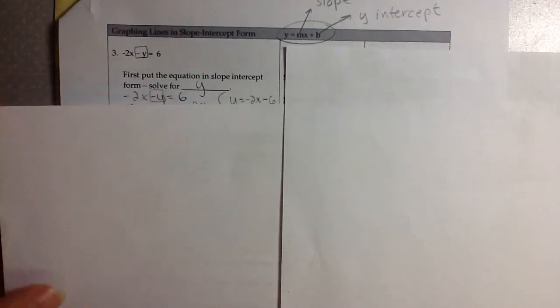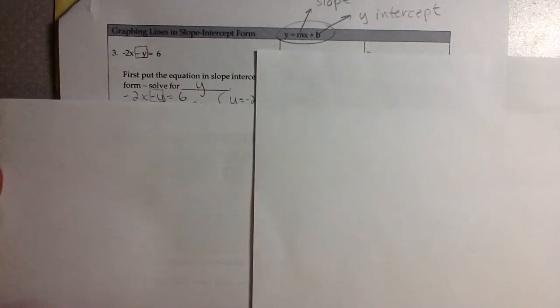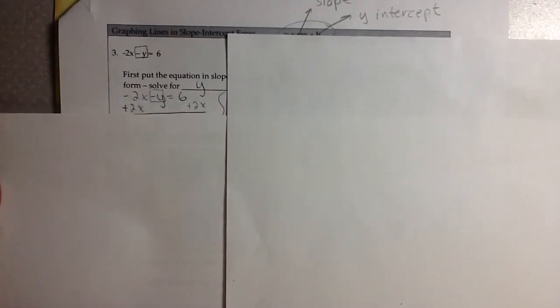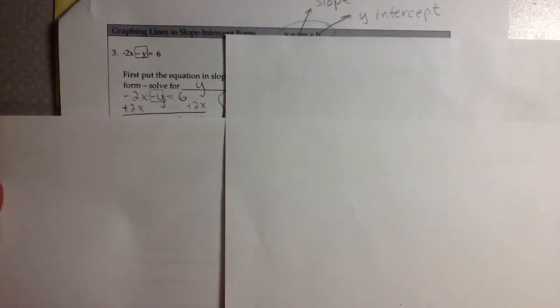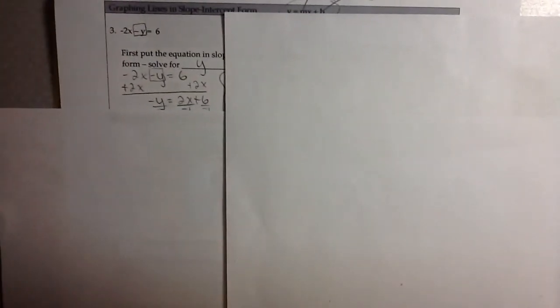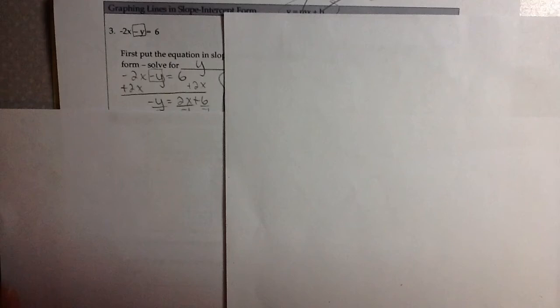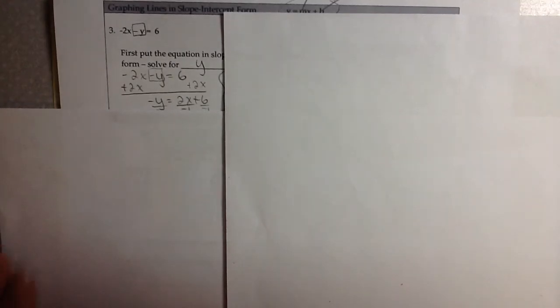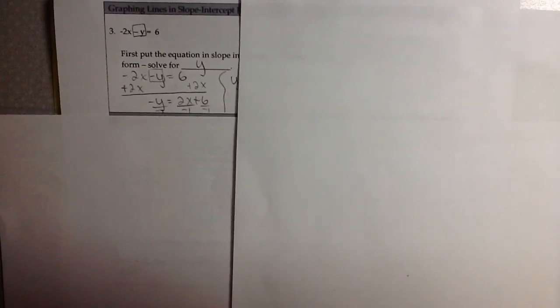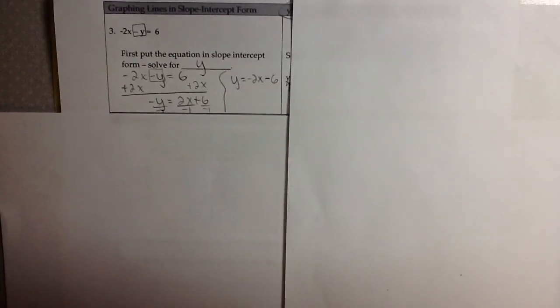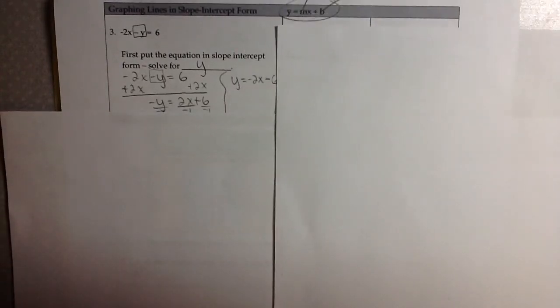I'm going to put a little box around y, which means I need to get rid of that negative 2x. Doing the opposite, I add 2x to both sides, and that leaves me with negative y equals 2x plus 6. Then I divide everything by negative 1 because I want a positive y. That leaves me with y equals 2x minus 6.